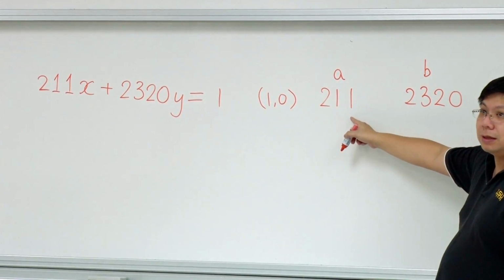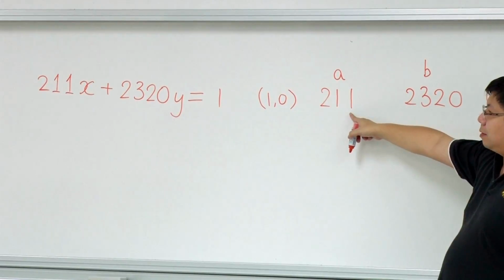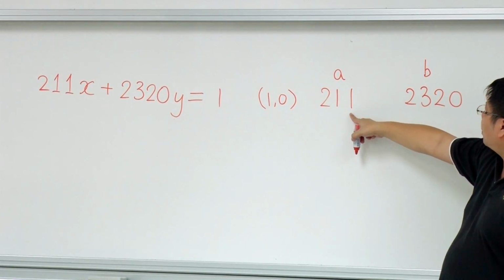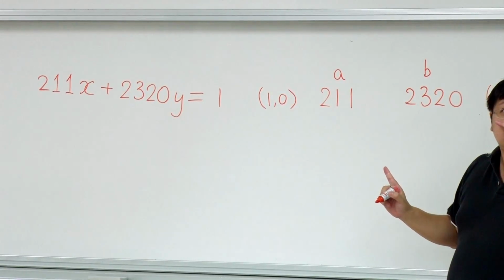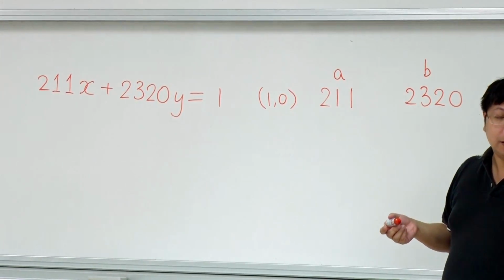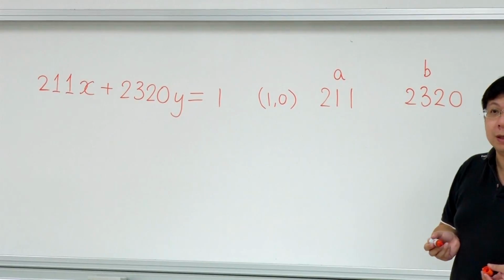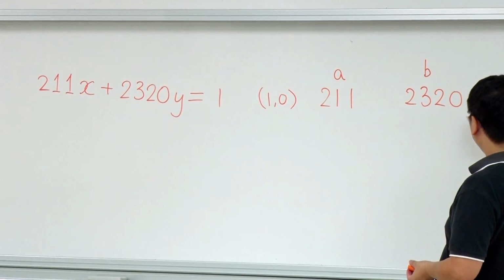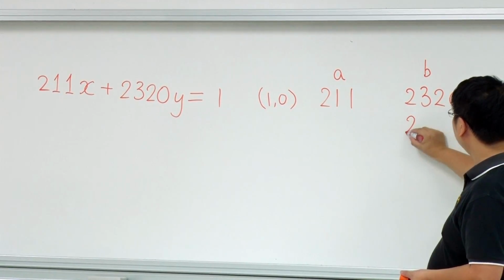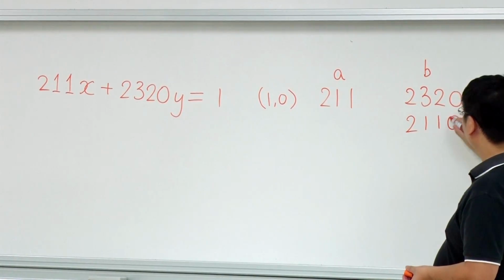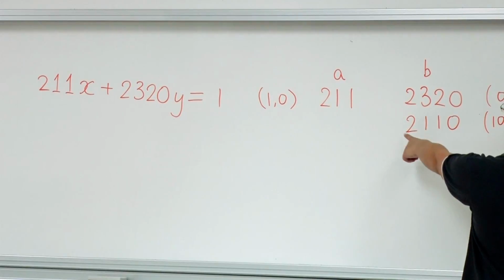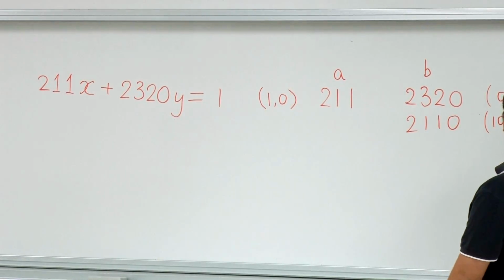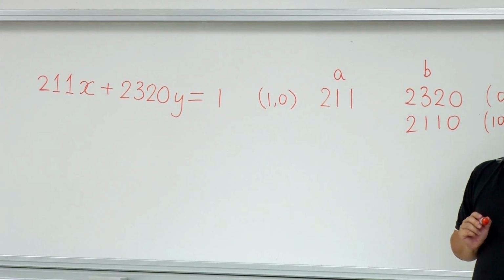We deduct the maximum multiple of 211 from 2320. We can deduct 10 times 211, which is 2110. So that is 10 times A plus 0 times B.